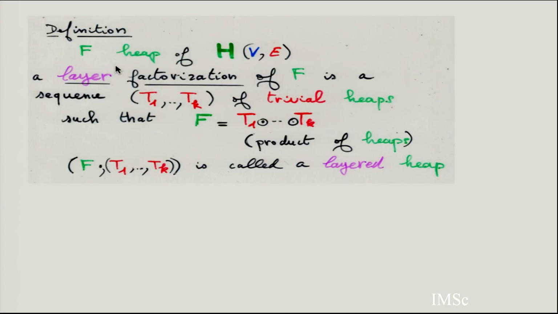So I will take a heap, and I will define a layer factorization of F. It's a way of decomposing your heap into trivial heaps. Maybe there is a different way; the same heap can be decomposed differently. So a layer factorization, the sequence T1, T2, Tk, is a sequence of k trivial heaps such that the heap is a product of all these trivial heaps.